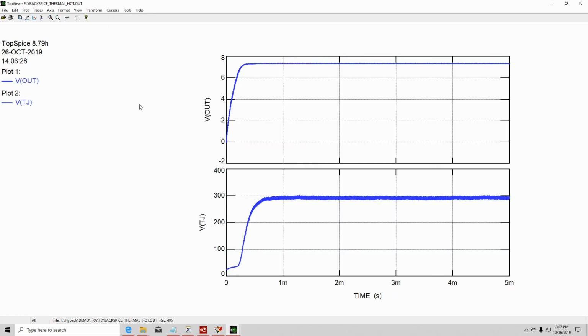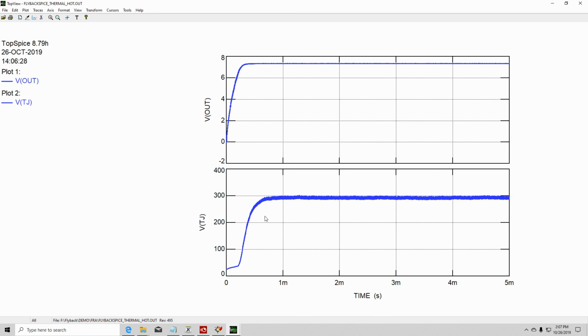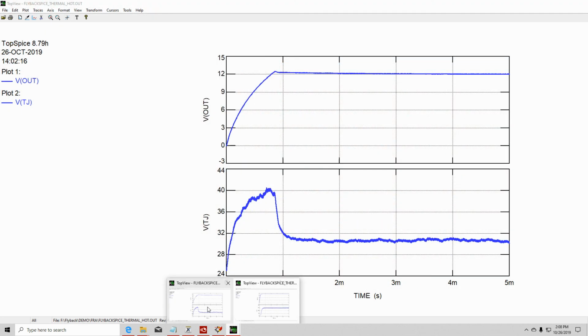Okay, so now if you notice, look at the temperature, the TJ. The maximum temperature that we're allowed is 110. If you look here, look at that. As a matter of fact, the steady state is going to be 300. At that point, I think the solder would probably melt. Okay, so there's a difference.